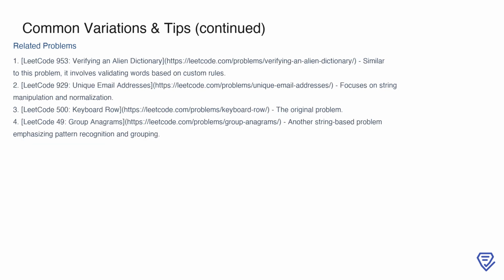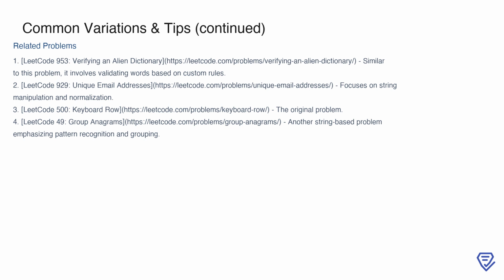This problem is part of a broader category of string manipulation and validation tasks, and there are related problems that you might find useful for practice. For instance, LeetCode 953, verifying an alien dictionary, involves validating words based on custom rules, which is conceptually similar to checking for keyboard row consistency.